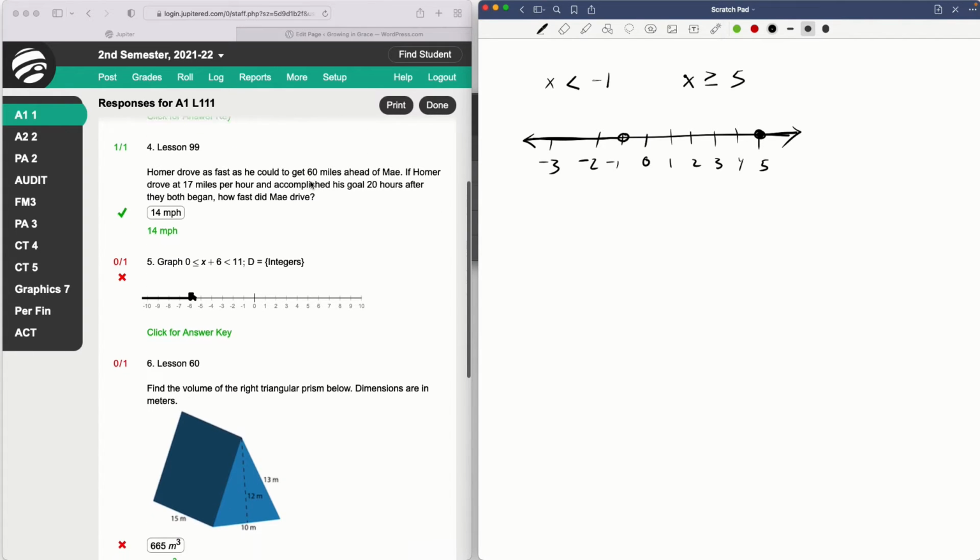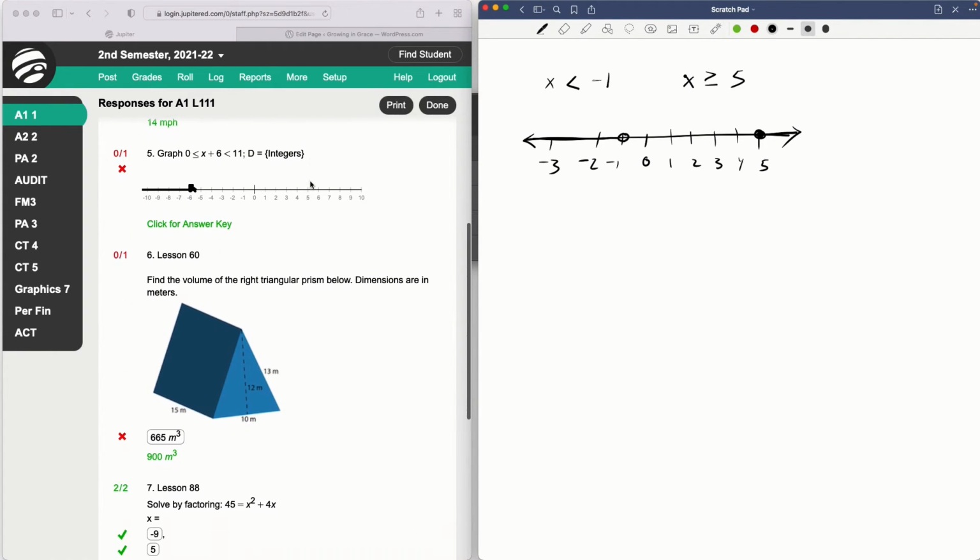Let's move on to the next one that you had some struggle with. Let's look at 0 is less than or equal to x plus 6, which is less than 11, and that is integers. So we treat this the same way as we would an equation.